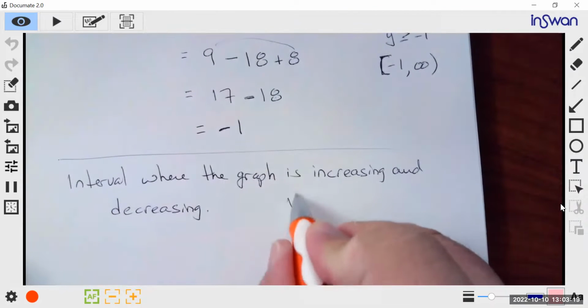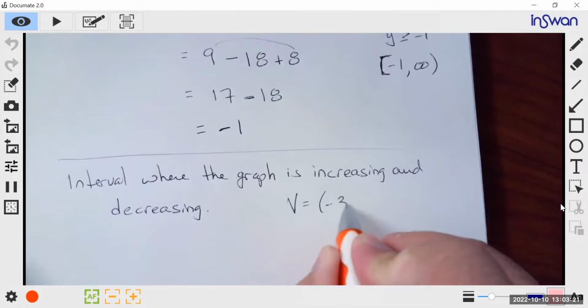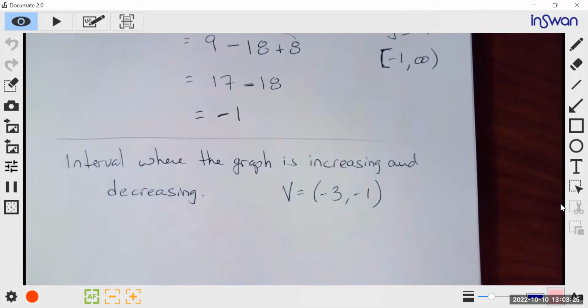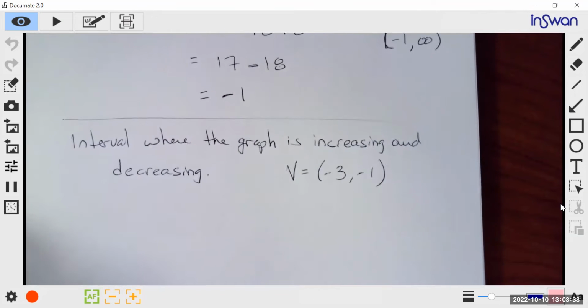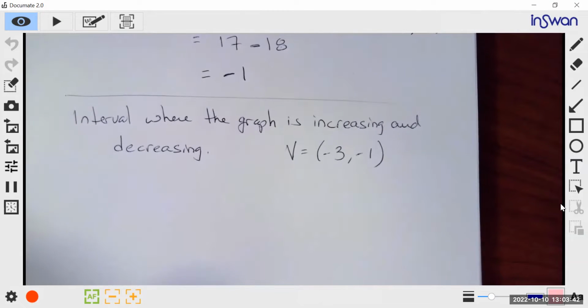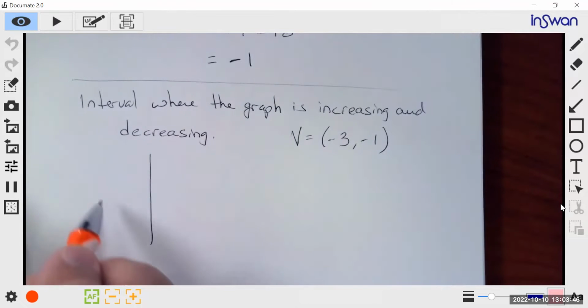Remember, our vertex was -3, -1. Tell me where it's increasing, where it's decreasing. What all do you need to know to tell me this? If we drew the graph, what all do you need to know?